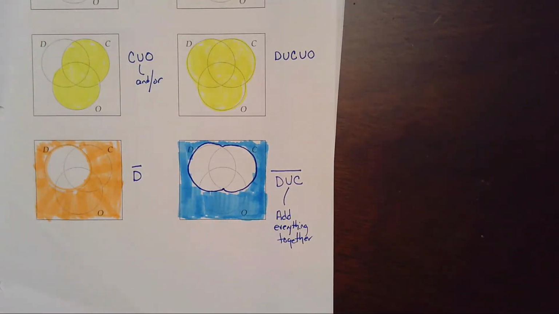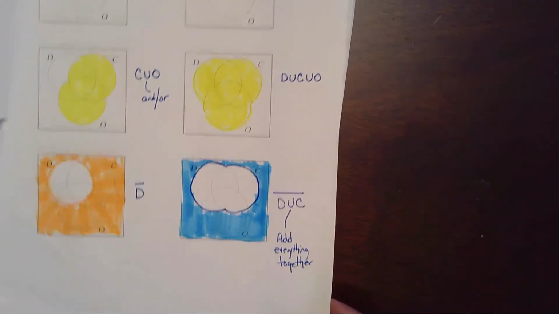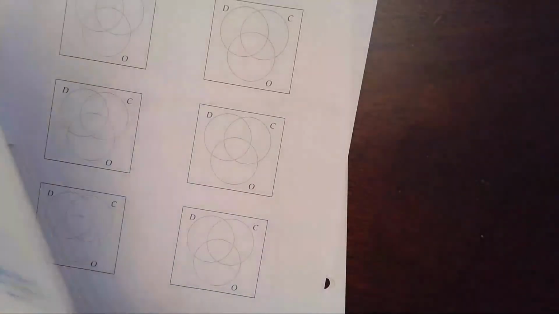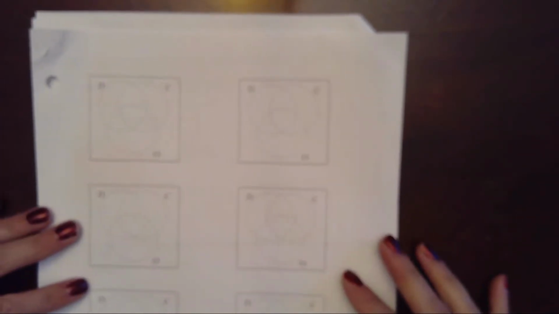All right. So I'm going to give you a couple to shade in, and then we'll go the other direction, where I shade some in and you tell me what they look like. So let's start off. Okay, you ready? It's a little blurry. It's having trouble focusing. Let's see if I can get that to focus.